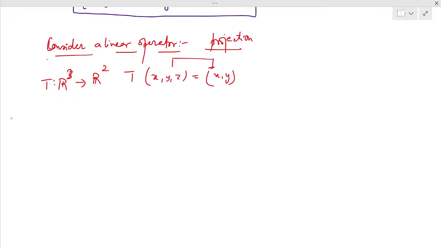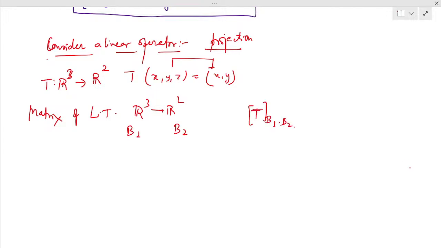We want to obtain the matrix of linear transformation, let's say from R cube to R square. So let's say the basis set here is B1 and the basis set here is B2; we want to find the matrix of linear transformation B1 B2.